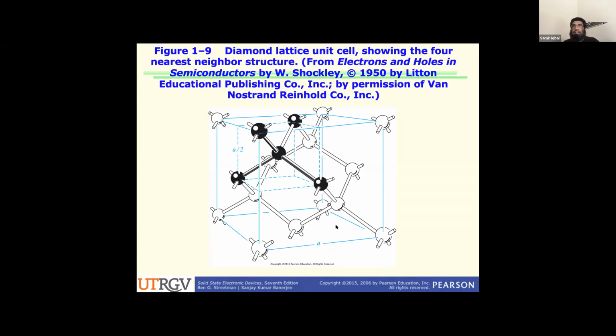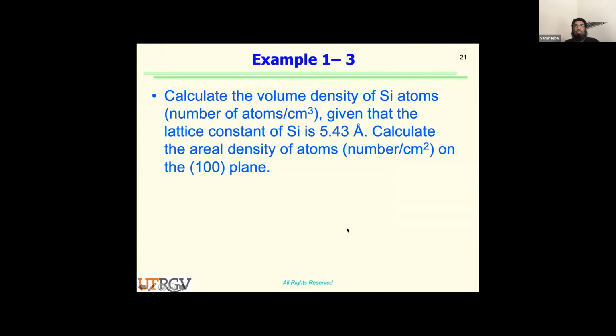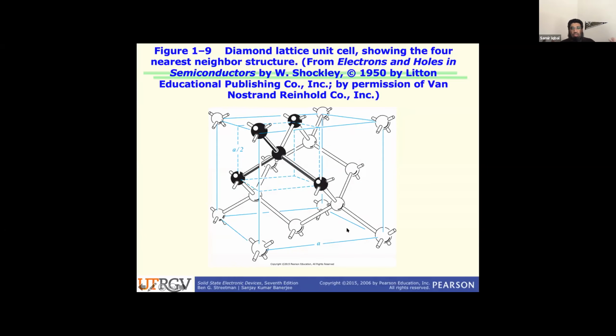And there's one more thing I would like to touch upon before I let you go. If I know the volume of a unit cell, and I know how many atoms are there, I can find the density of atoms in that cubic cell.